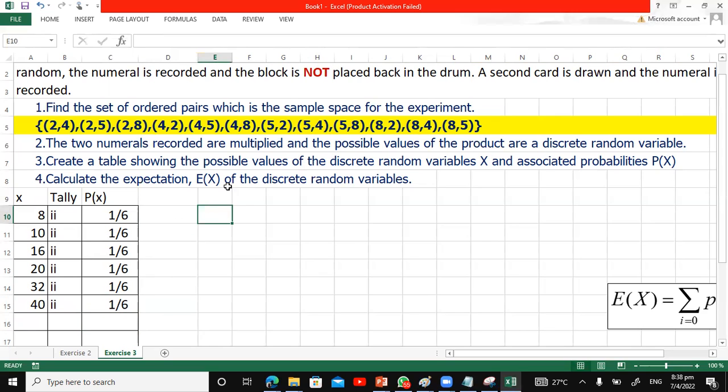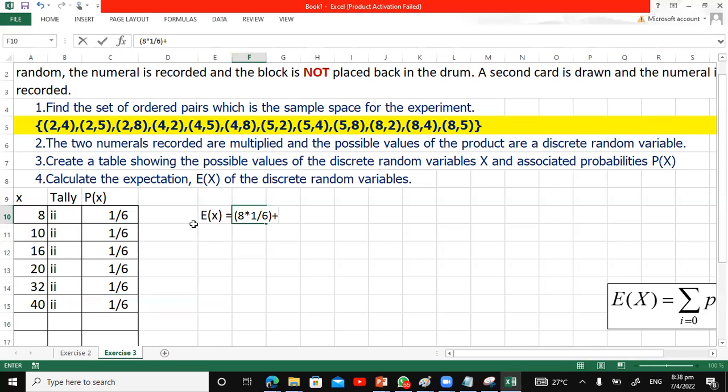Now to work out the expected value, so the expected value is going to be the random variable multiplied by the respective probabilities. All right, so expected value of x equal to, so we have the first random variable is 8, so it's going to be 8 times its probability, which is 1 over 6. Remember, 1 over 6 and 2 over 12 is the same thing.